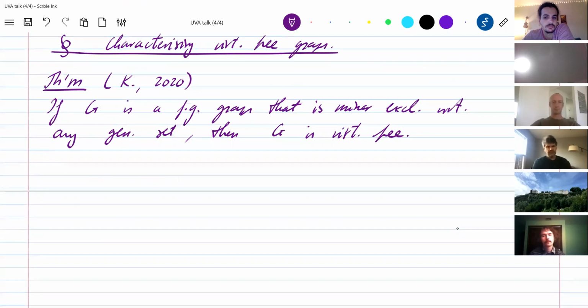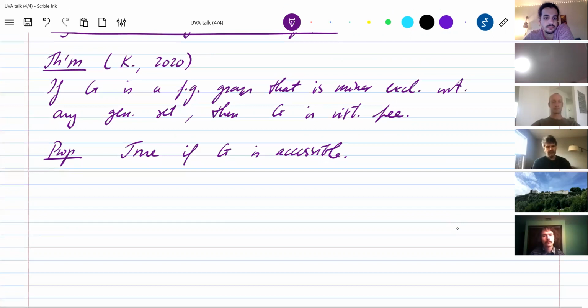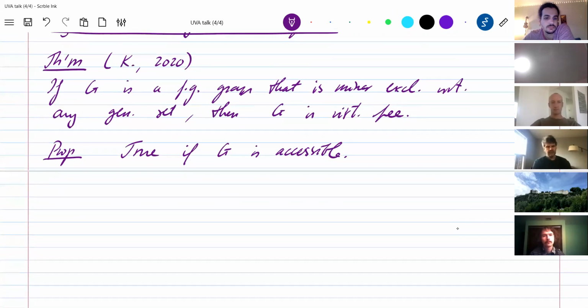Let me tell you a little bit about the proof. Nothing too difficult. So first of all, let's see that this is true when G is accessible. Okay, so we can actually do essentially the full proof of this.